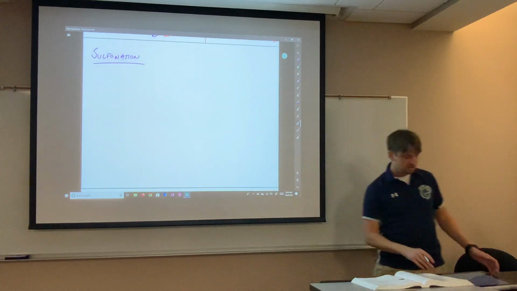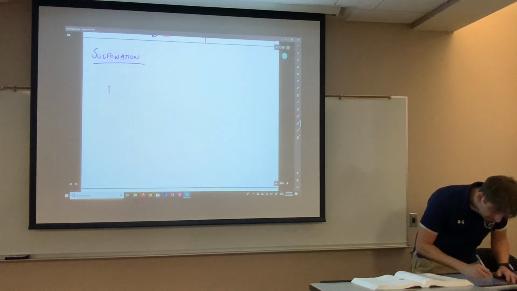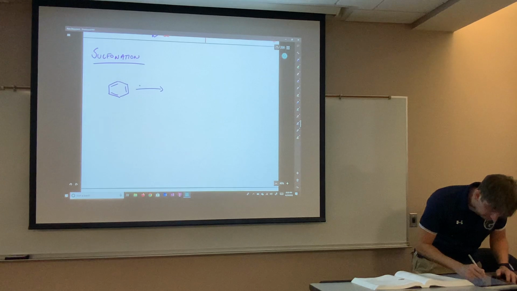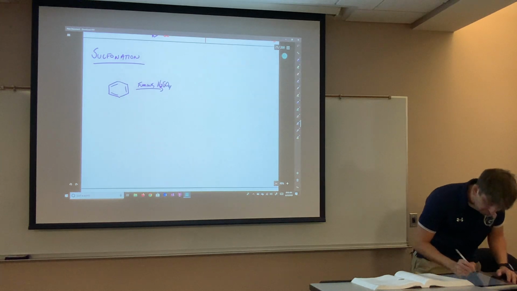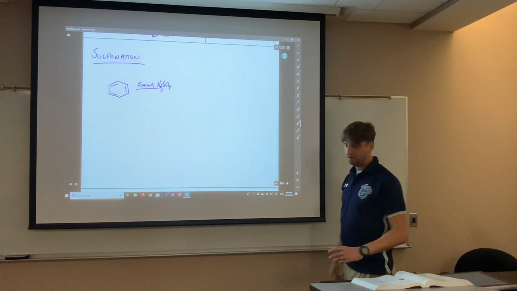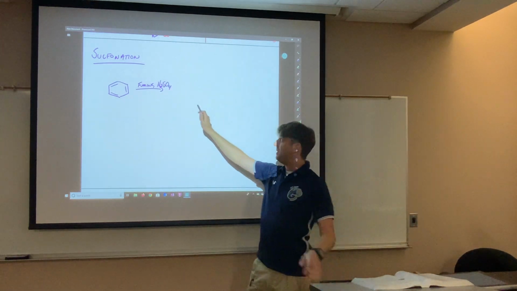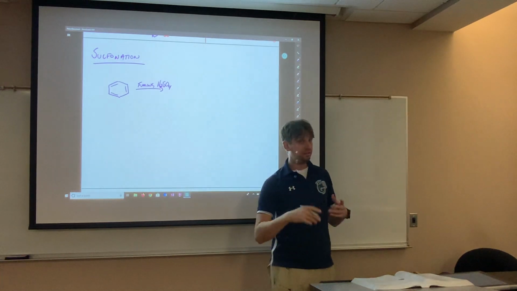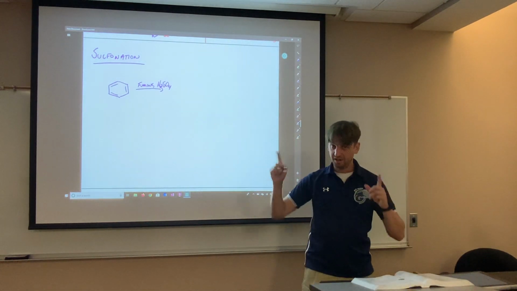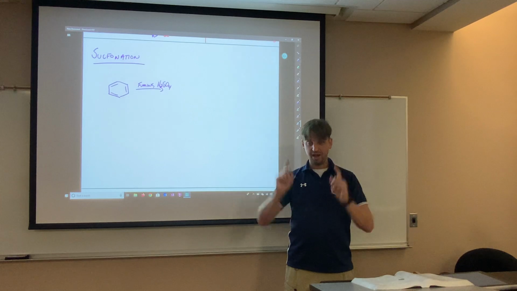Anyway, sulfonation. So here's what sulfonation is. We take our good old buddy, Mr. Benzene, and we add in something called fuming sulfuric acid. Now, if you guys have been paying attention all along, how many instances have we seen sulfuric acid used in organic chemistry? And the right answer is everywhere.